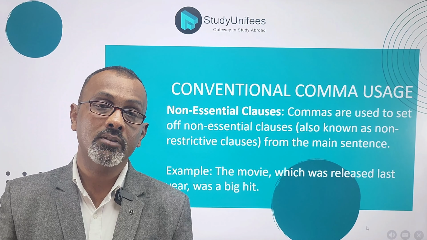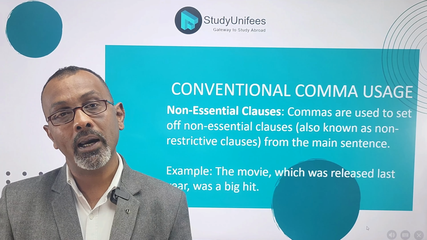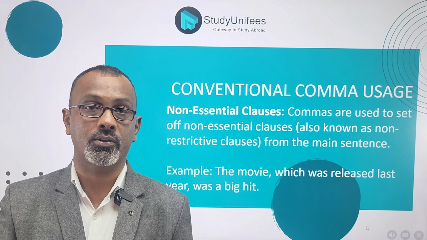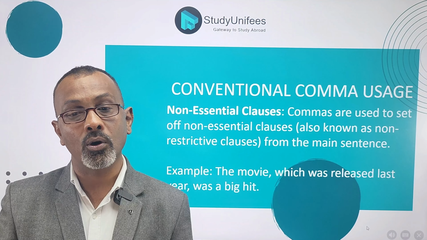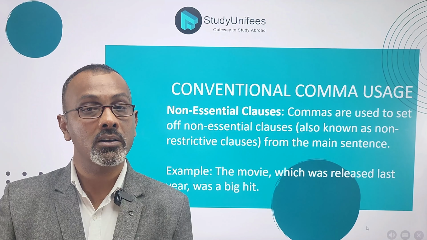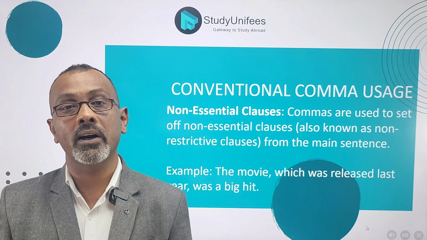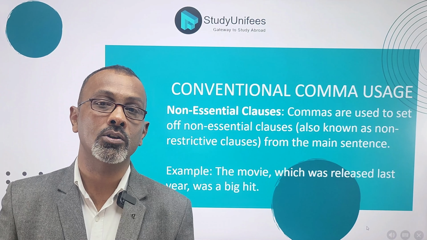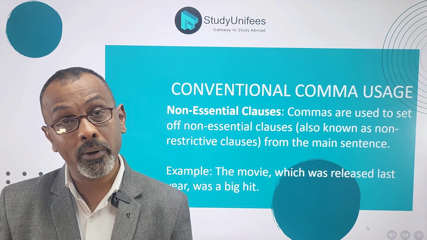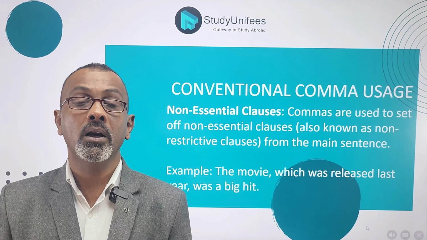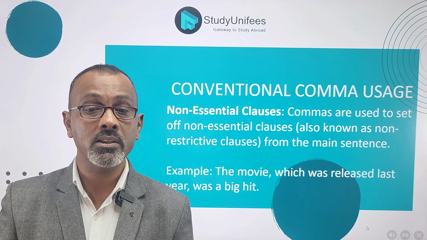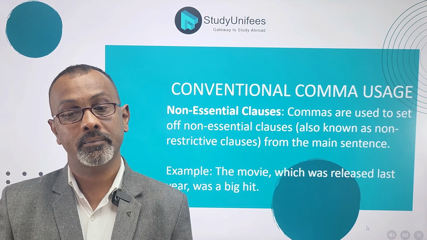Sometimes, the appositive position can also be occupied by a full relative clause. Here, the relative clause is, which was released last year. This describes the subject of the independent clause, the movie. It answers the question, which movie? The independent clause, of course, is, the movie was a big hit.